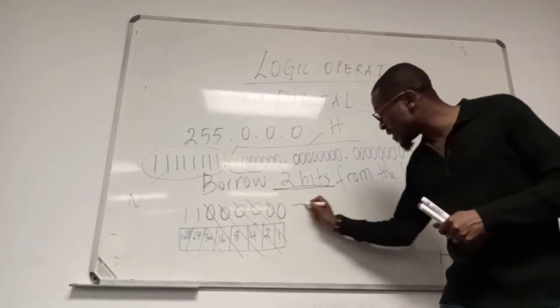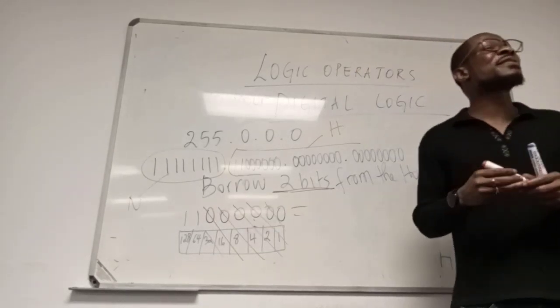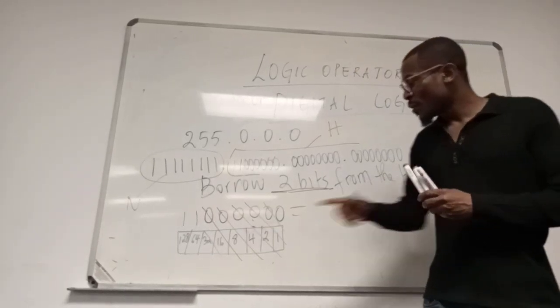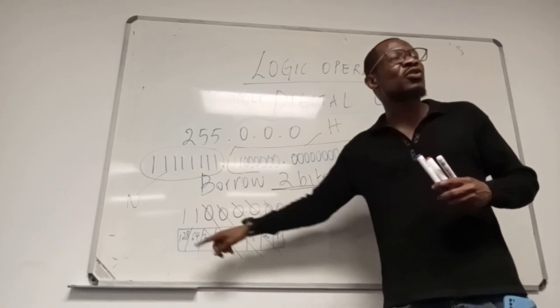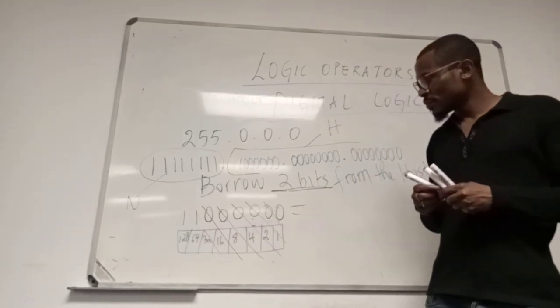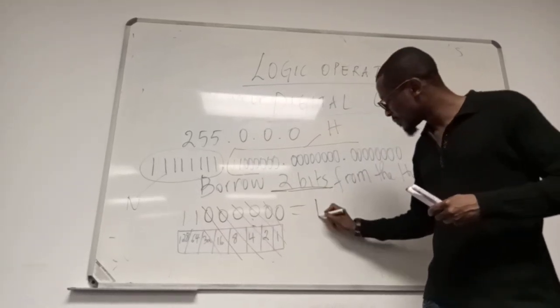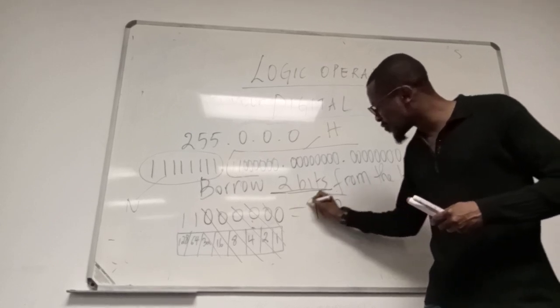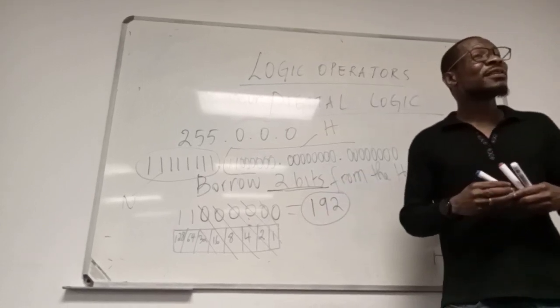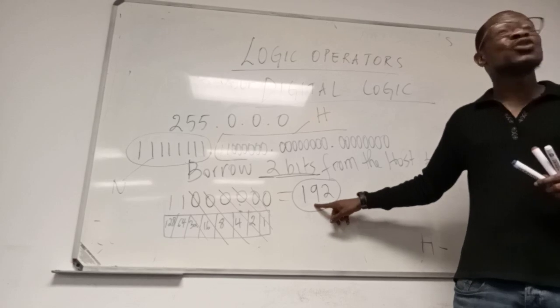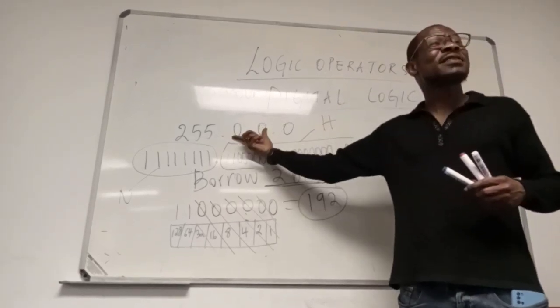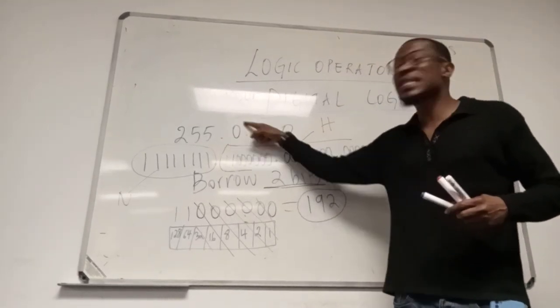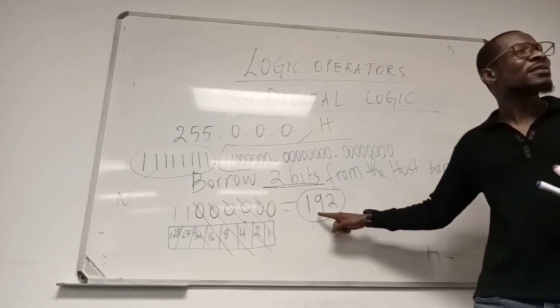So the answer of this whole binary in decimal is 128 plus 64, which is 192. When you get this 192, you must go back here. Where there is 0, you replace it with 192.